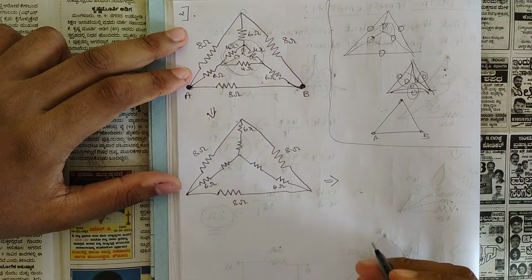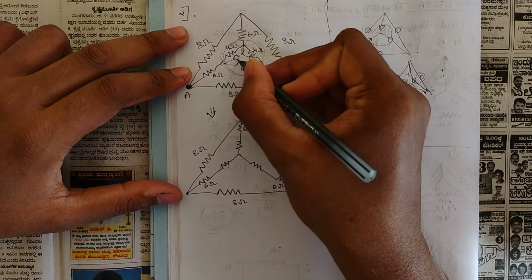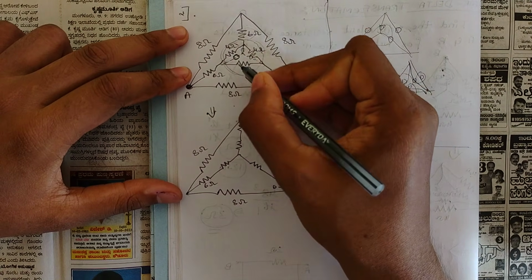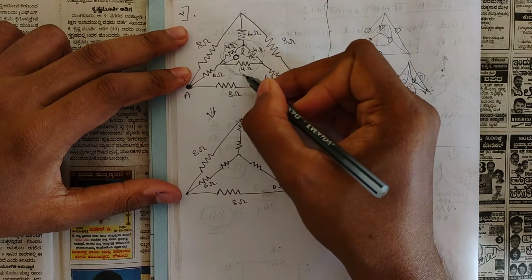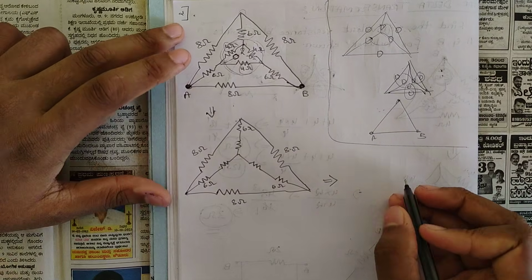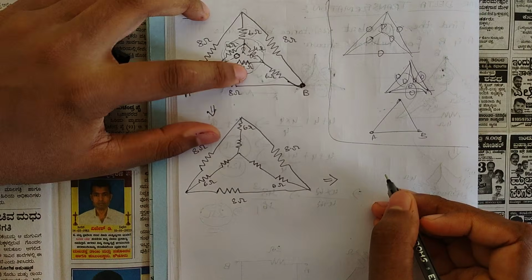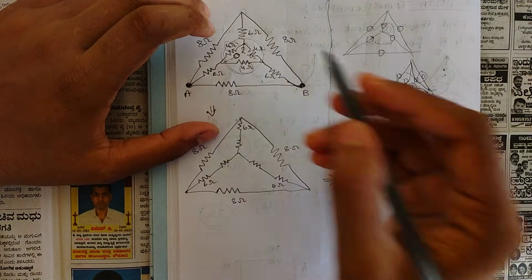Now how to find the conversion of delta to star, I have already told you. In order to find this resistance here, consider the opposite resistances. This is 4 ohm and 4 ohm, but in the case of conversion of delta to star, the formula is different. We should do the multiplication, the product of the opposite resistances divided by the sum of the total resistances.